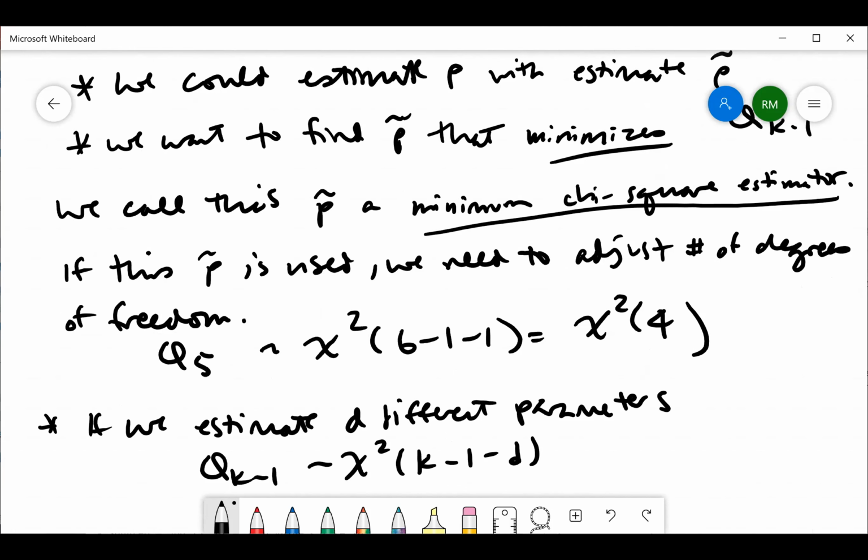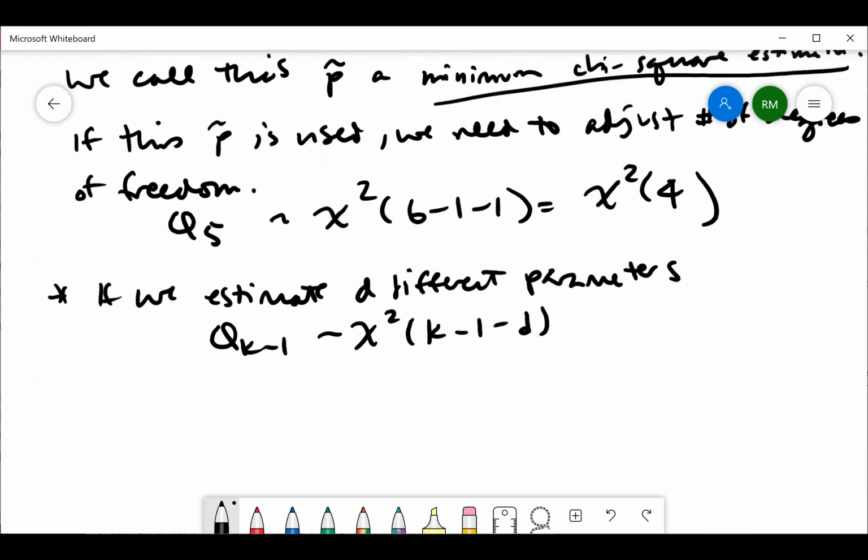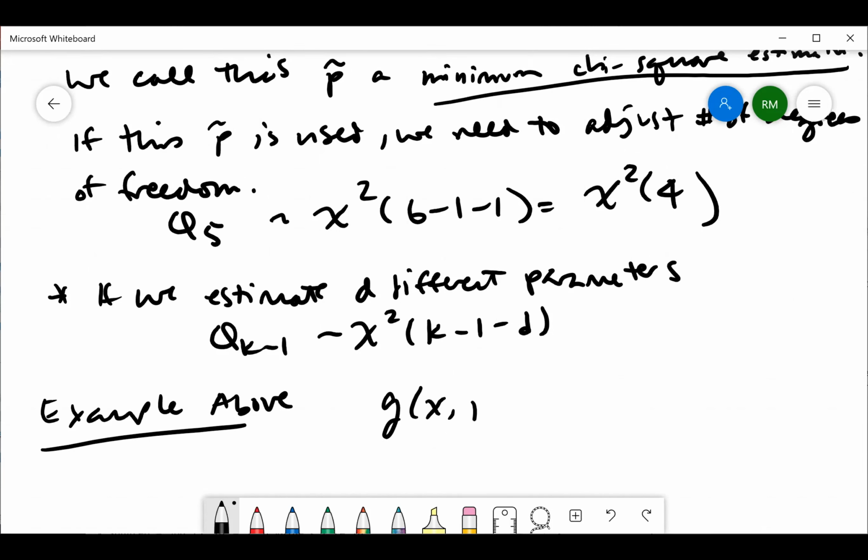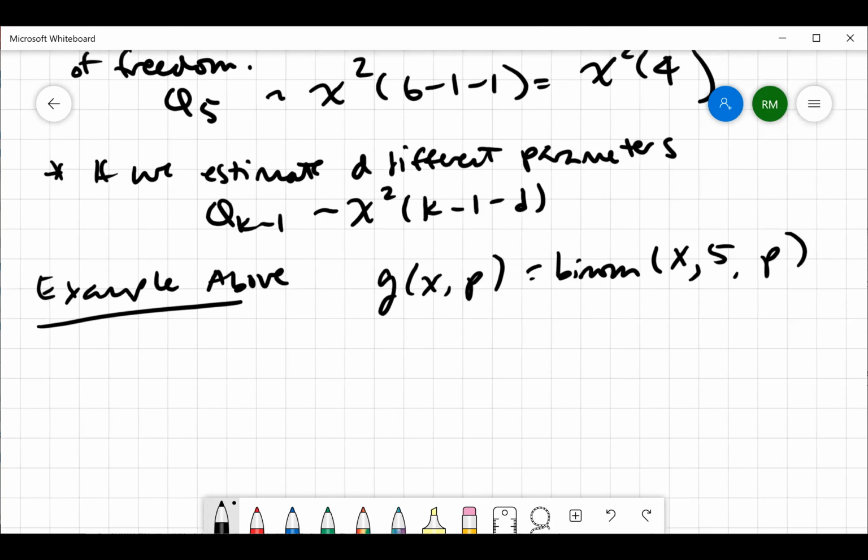Okay, it's usually pretty difficult to find the minimum chi-square estimator, but we can actually do it for our example above. So in our example above, we knew, let's call this function g of x, p, and that's the binomial distribution where you have x successes, 5 trials, and probability of success p.